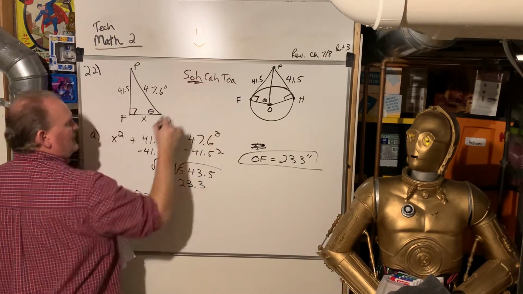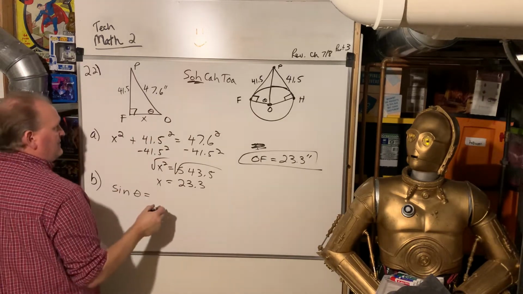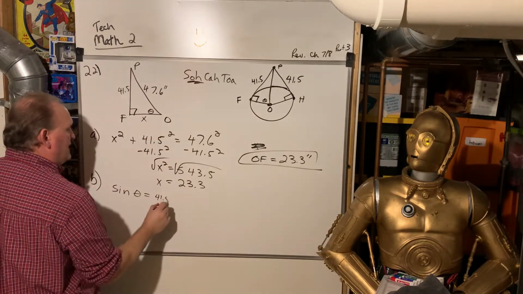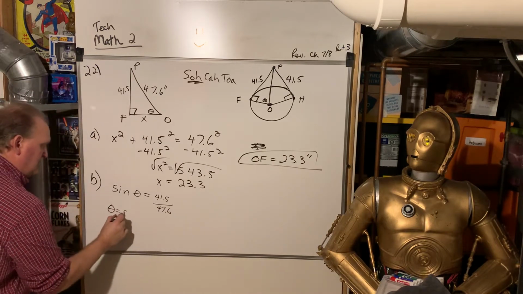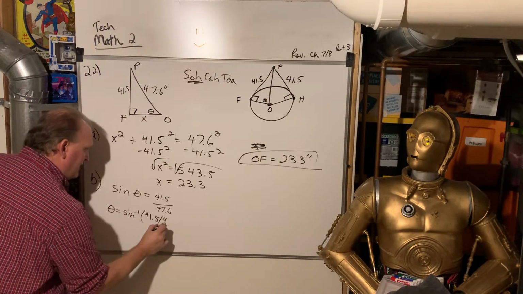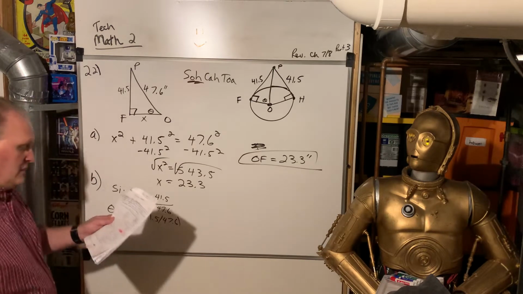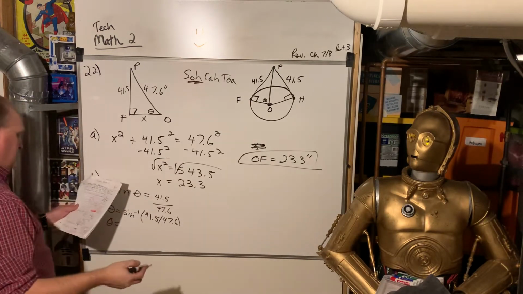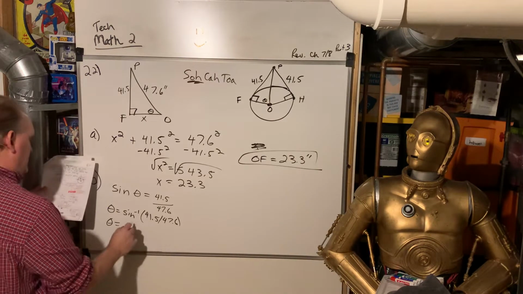So the sine of theta is equal to 41.5 over 47.6, and so theta is equal to the arc sine of 41.5 divided by 47.6. Make sure you're in degrees. That is 29.3 degrees.